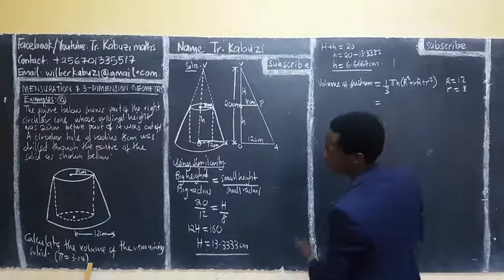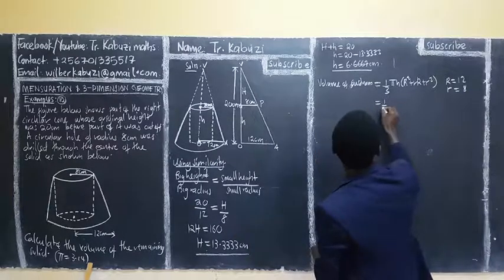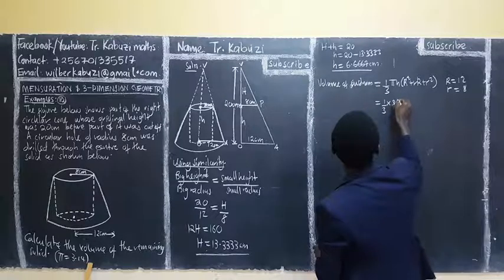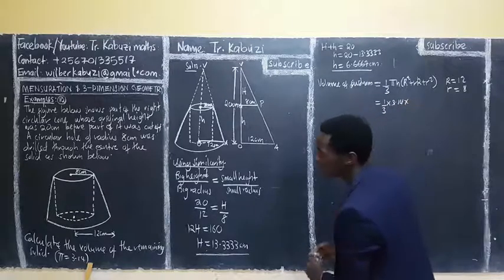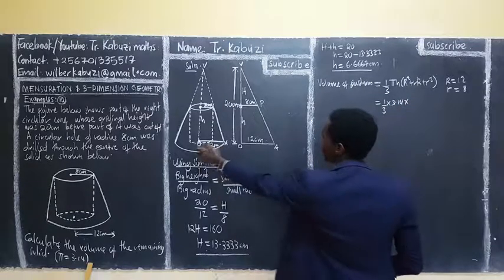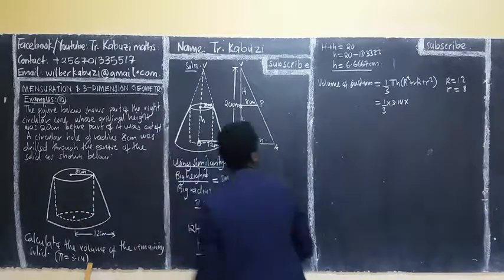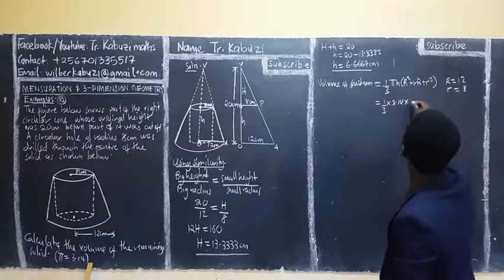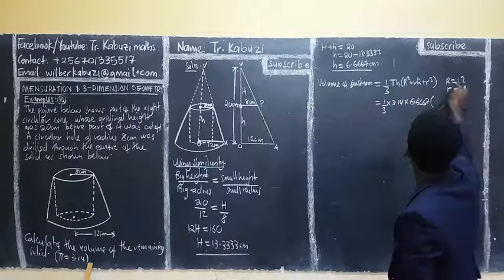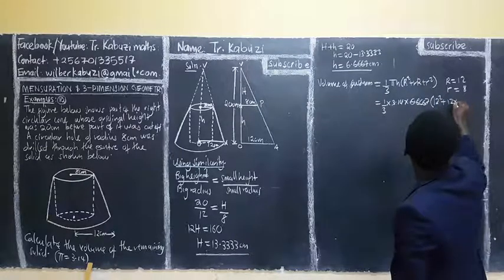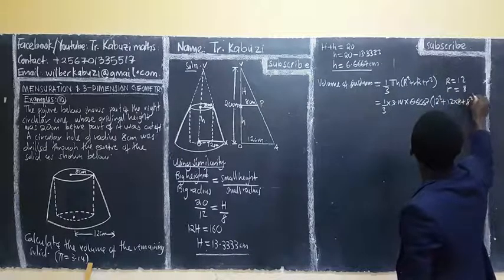So substituting, that's a third times 3.14, then times the height, which is the height of this first one, from here to here, 6.6667, into 12 squared plus 12 times 8, then plus 8 squared.